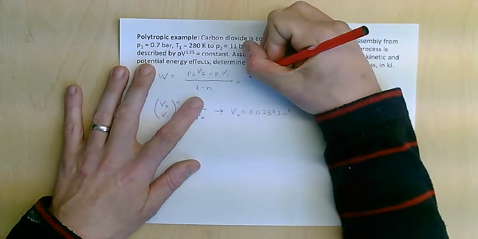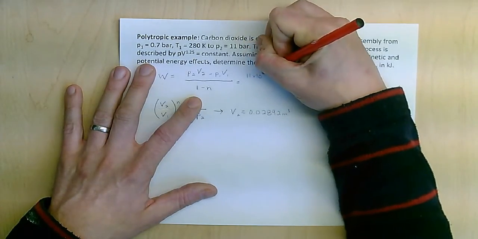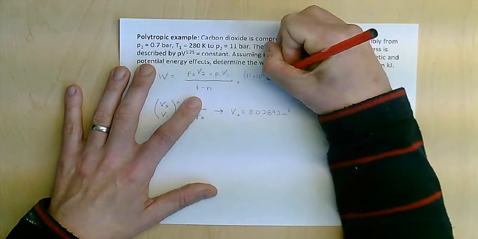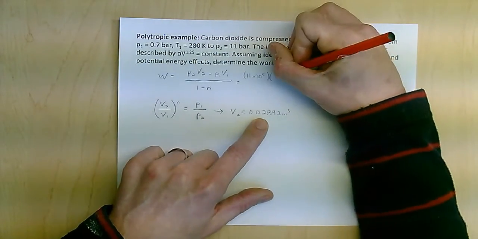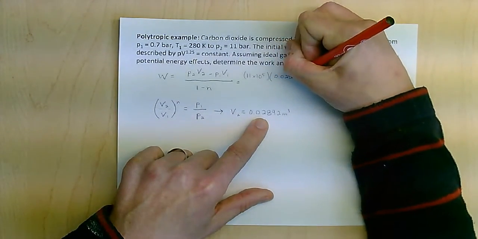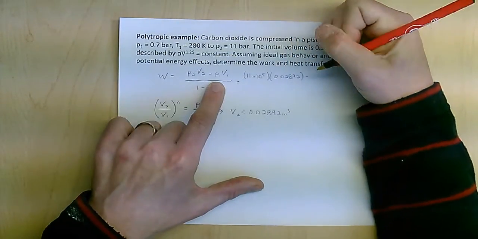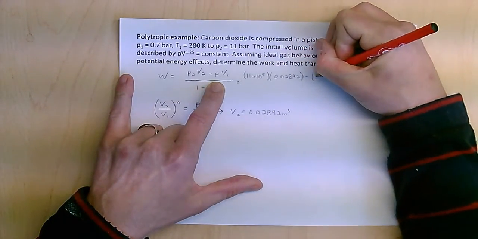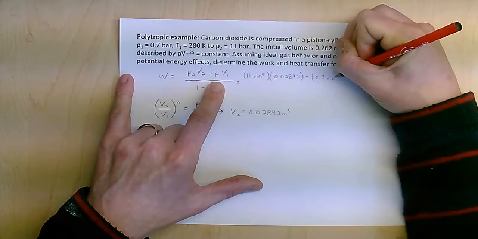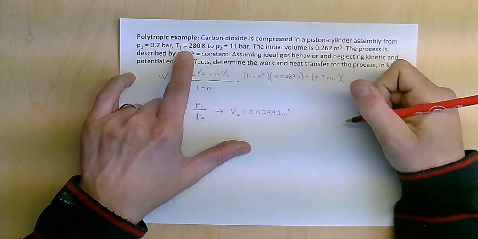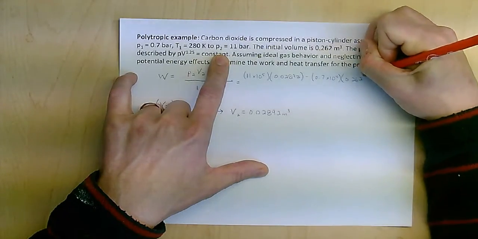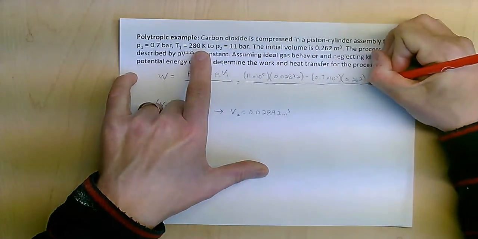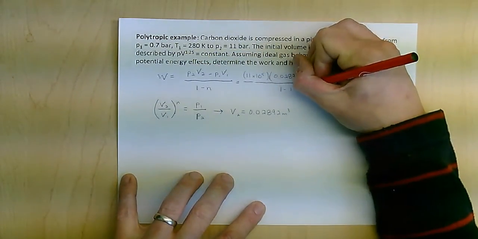Now knowing this volume, I'll go ahead and plug these values in. That'll be 11 times 10 to the 5th times V2, which is 0.02892, minus P1, which is 0.7 times 10 to the 5th, times V1, which is 0.262, divided by 1 minus 1.25.